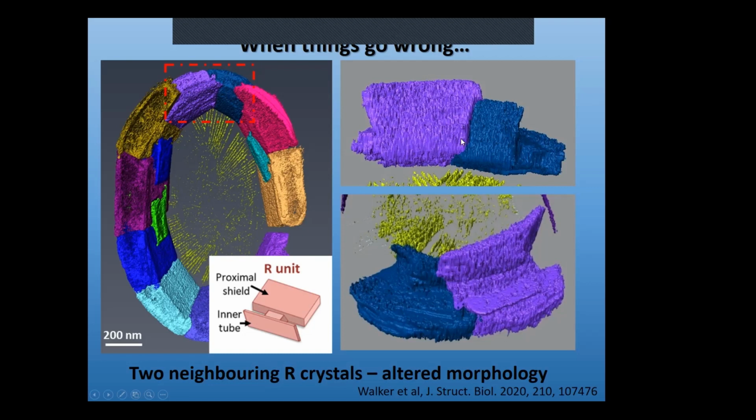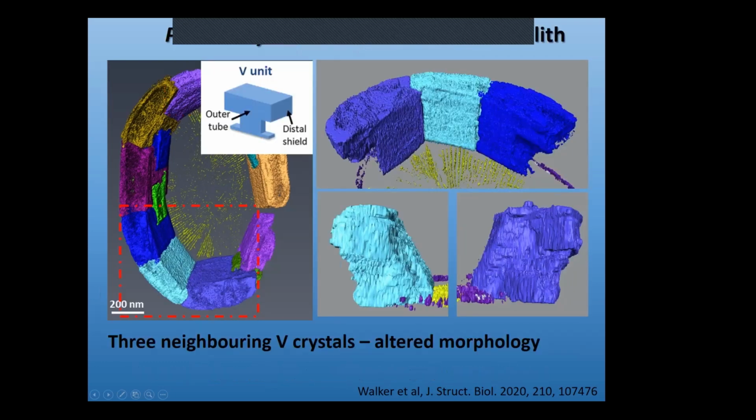And you see how the shape all of a sudden is very different from what you'd expect from a normal R unit. Right? We don't have this kind of indentation here in the middle, for example. We just have a more blocky crystal with a sharp interface. And we can also find regions where we have an R unit missing between two V units. We just have three V units next to each other.